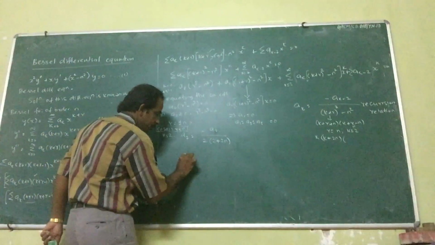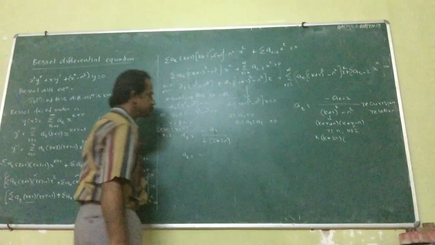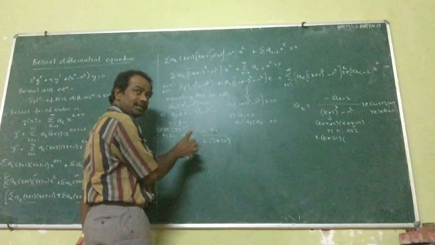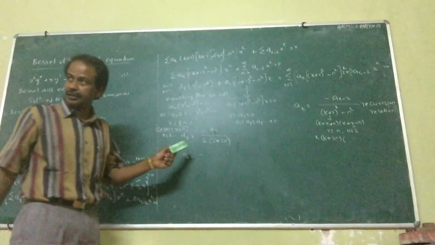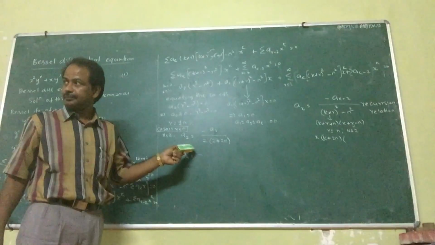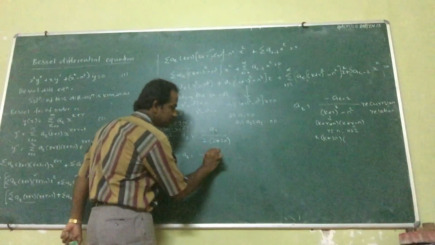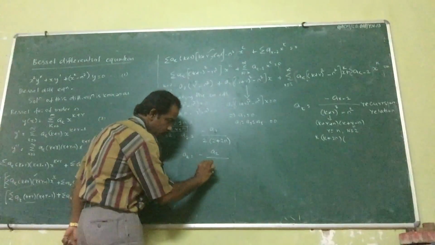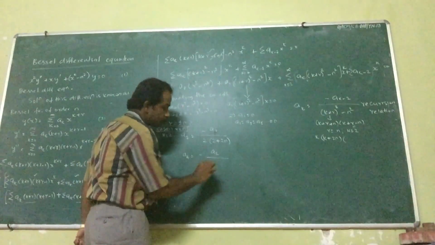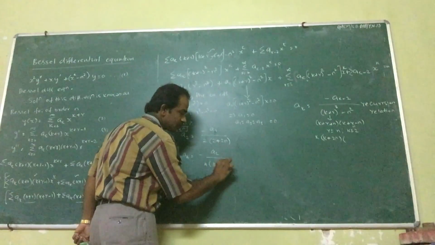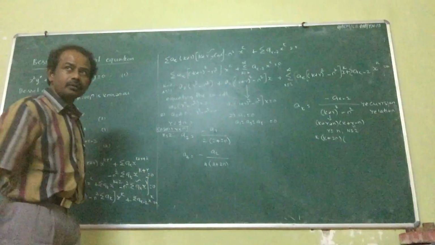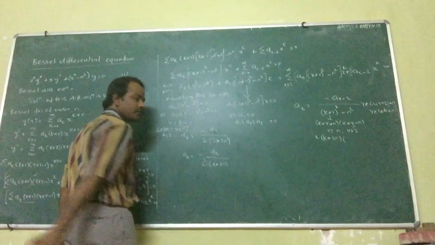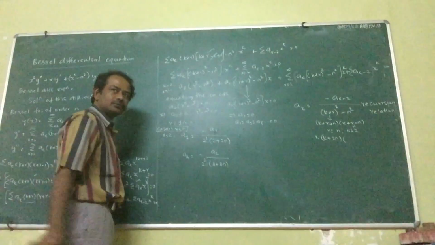Where for a_4, this becomes, is it clear? Doubt is out. Come on, anybody is there? Any doubt? Okay. So this must be a_4 divided by 4 into (4 plus 2n). I can write this as 2 square, 2 to the power 1, 2 square.